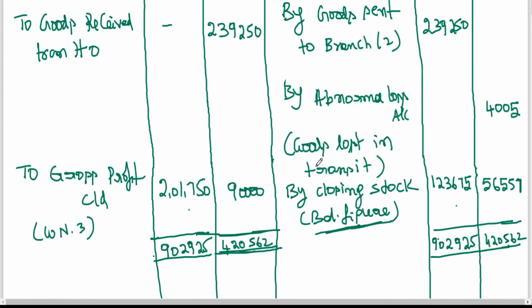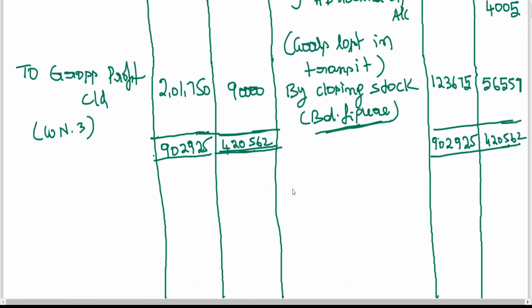We have written the heading Trading and P&L account of head office and branch. I am writing here: by gross profit brought down 2,01,750 and 90,000.